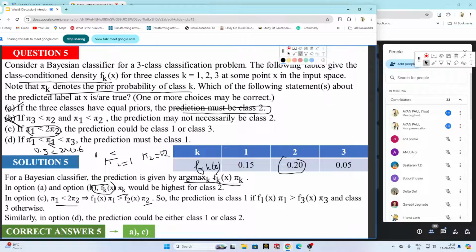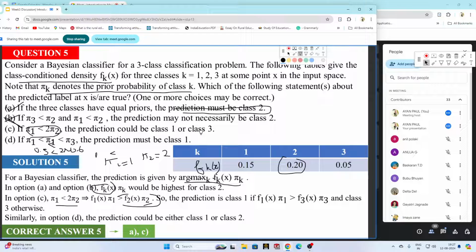If we say 0.5 and 0.6, what will happen? 0.5 and 0.6, there also 0.75 and 1.2. So there also f2 will be greater, according to me. So then it could be class 1 or class 3.